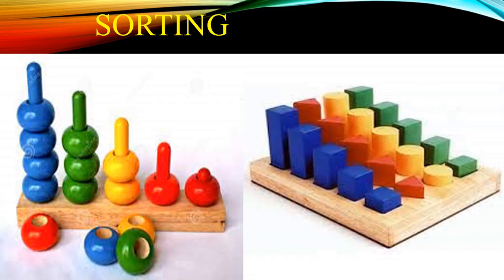From the picture itself, you can see the data. First it is all scattered. After using the sorting method, everything is arranged in proper order. Can you see? First everything is blue, next green, then orange, red, arranged properly like that. That is called sorting.